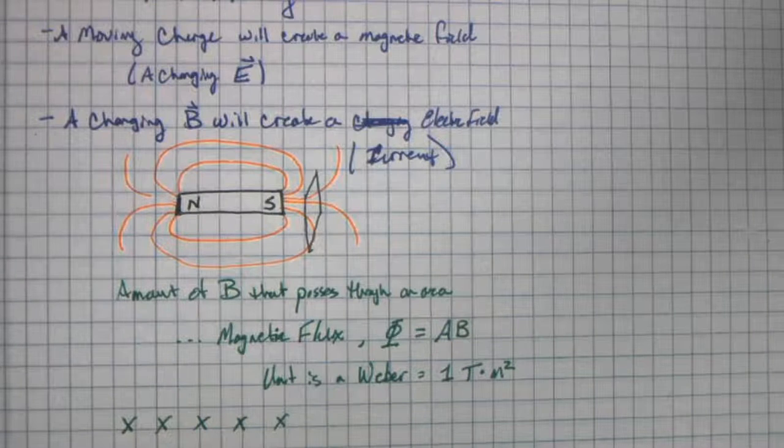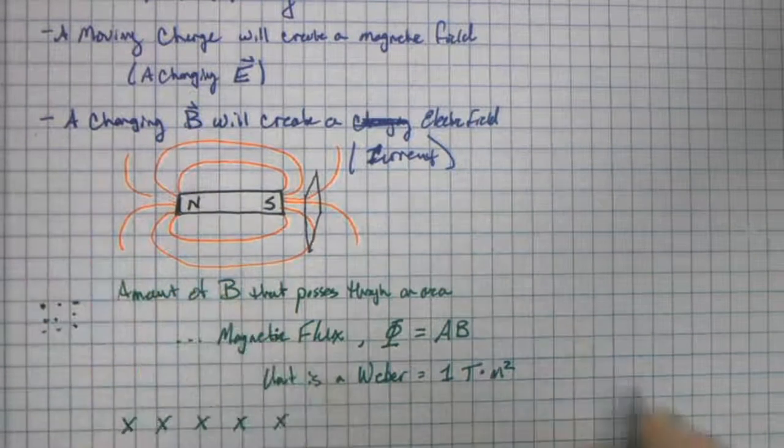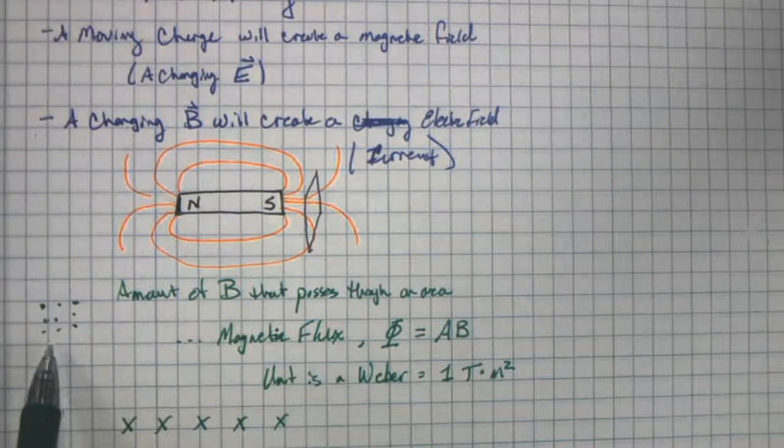Well, remember what these symbols look like. If it's an X, it's the tail feathers of an arrow, which means it's going away from you. And if it's a dot, it would be towards you because you're looking at the point of the arrow. So this would be away from you.